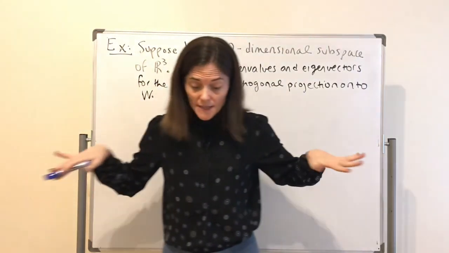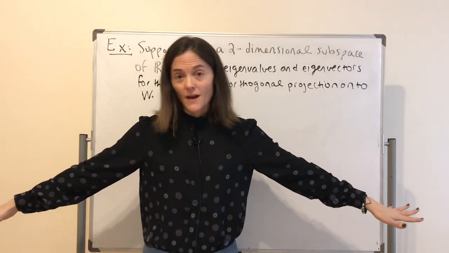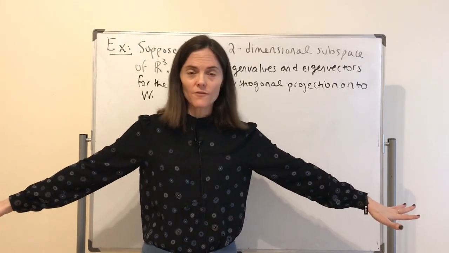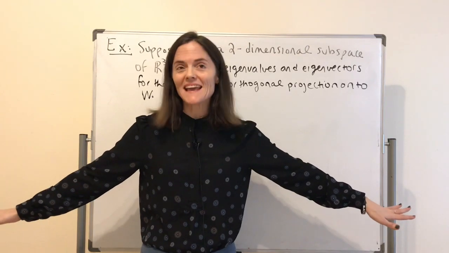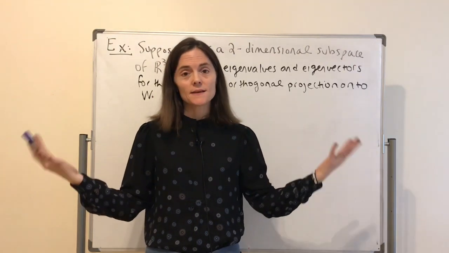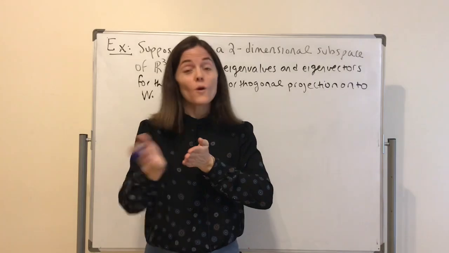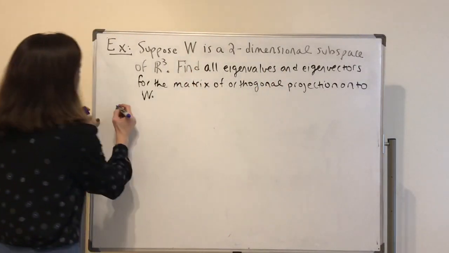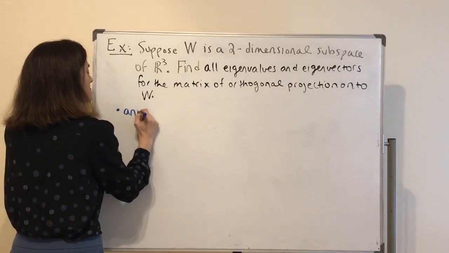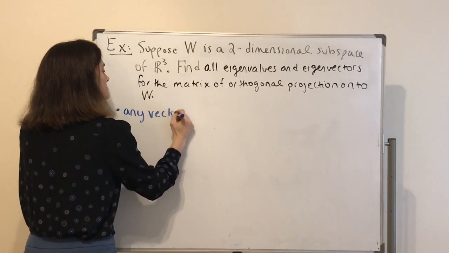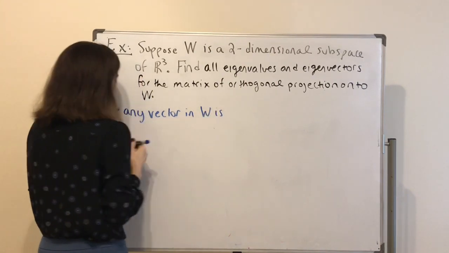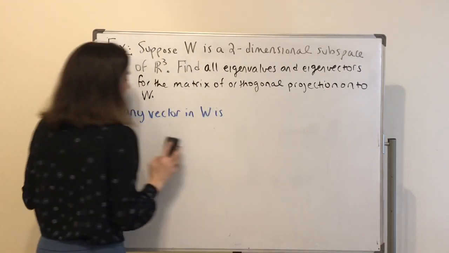Well, if you are in W, if you are already in the plane and you project yourself into the subspace you're already in, nothing happens. It's the identity for vectors in W. So what we see here is that any vector in W is, okay, I'm glad I said that because now I can change.